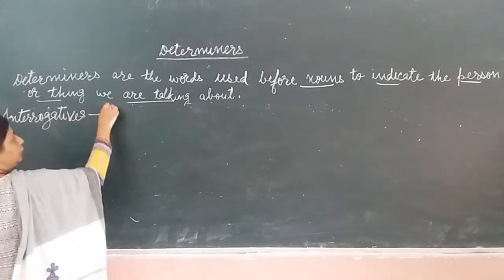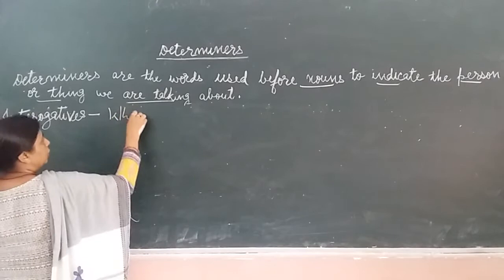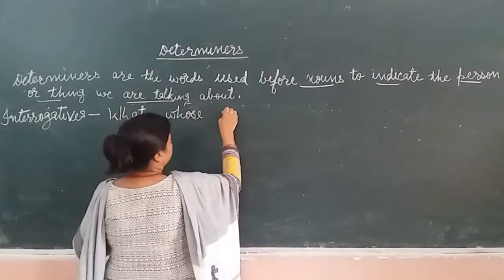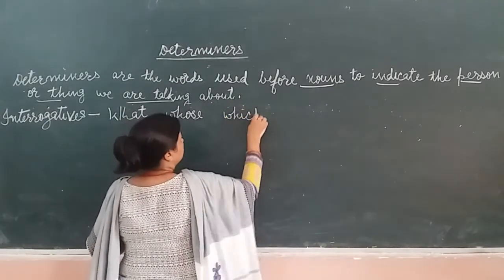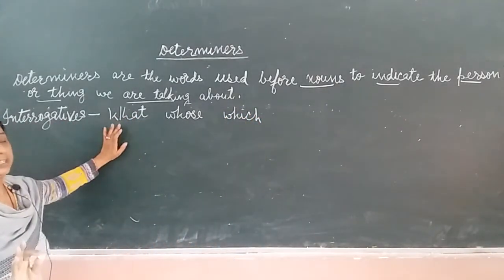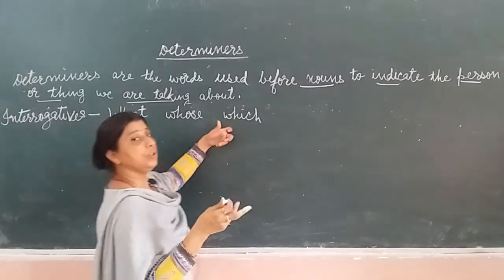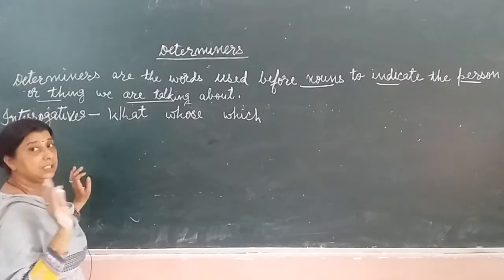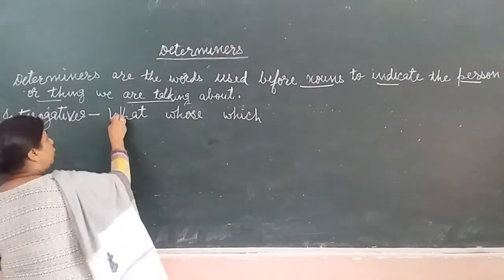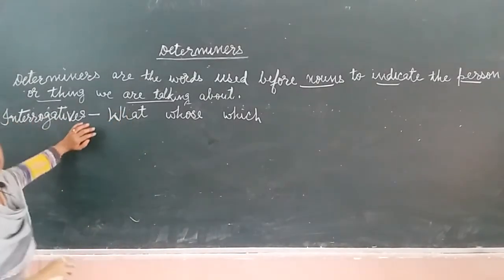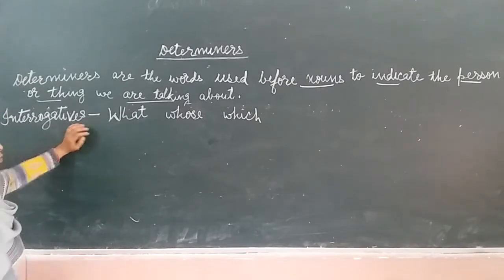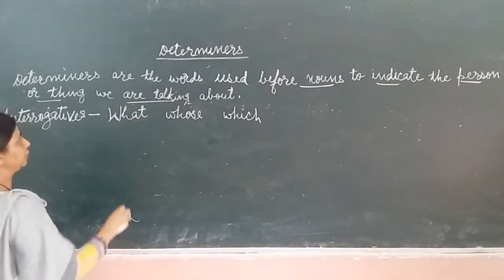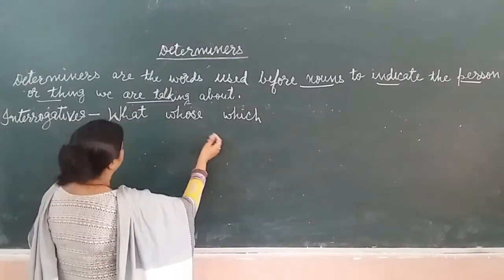The words that we use here are what, whose, which, that denote a noun only. We cannot use where, whom, or when here, because they are not counted as noun indicators. They are used as adverb indicators, adverb interrogatives. So we have to use whose, what, and which.